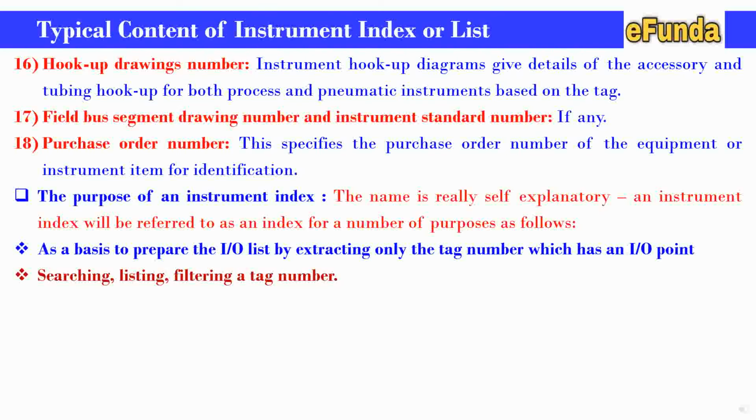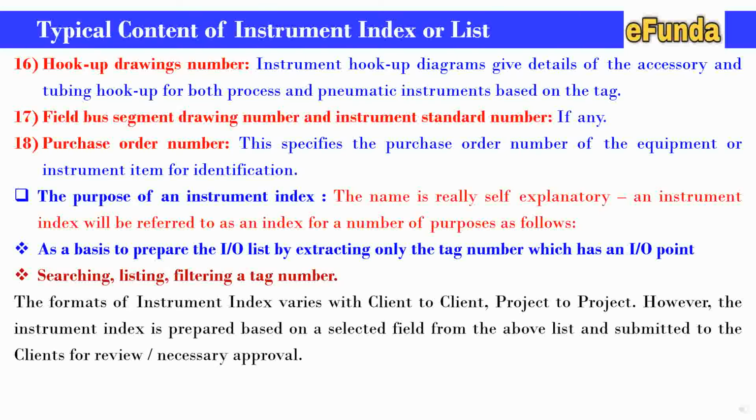The format of an instrument index varies from client to client, project to project. However, the instrument index is prepared based on the selected fields from the above list and submitted to the client for review and necessary approval. This is how we have covered today the instrument index, introduction to instrument index, and the content of instrument index.